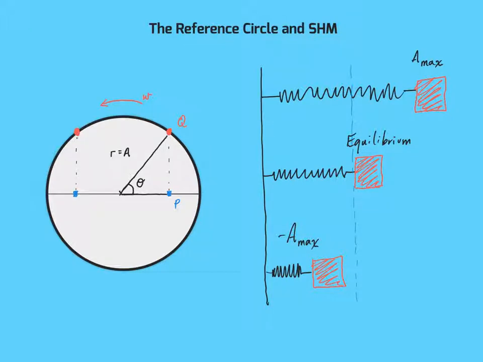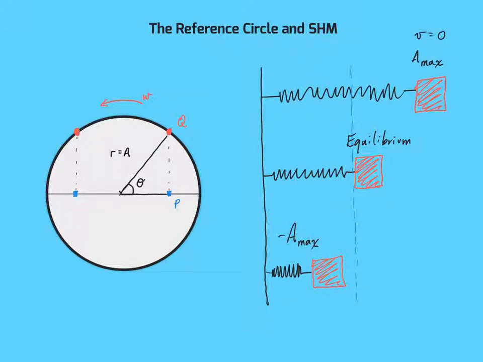Now, what about velocity and acceleration? Well, let's say that P is at this position, okay, because Q is at this position. That would mean that our block is fully extended out, so our spring is fully stretched. Now, because that spring is fully stretched, for a moment in time, then v is 0.